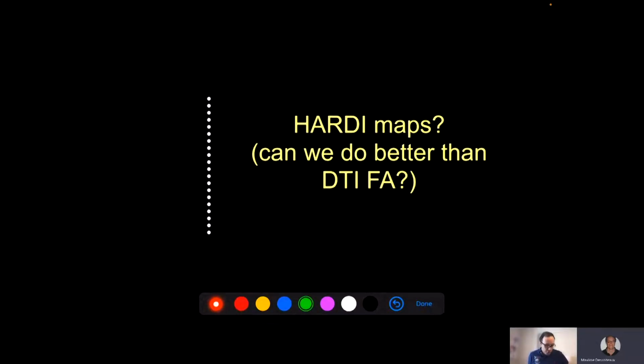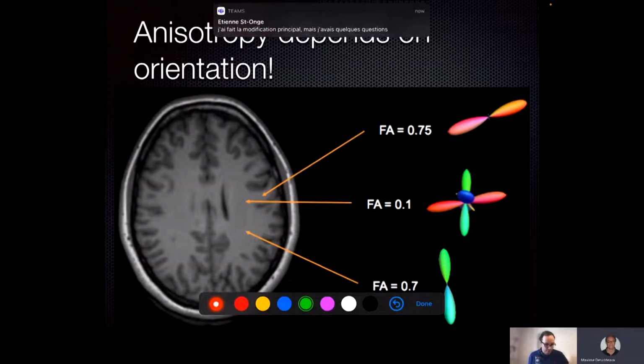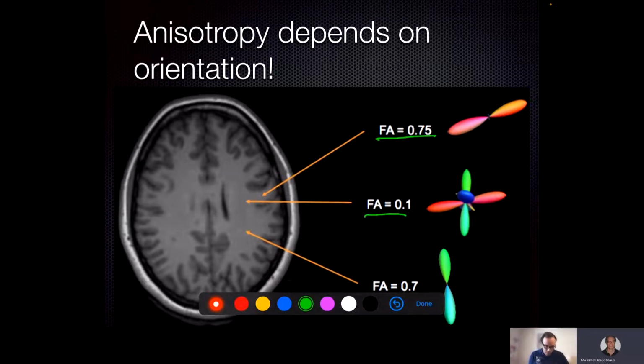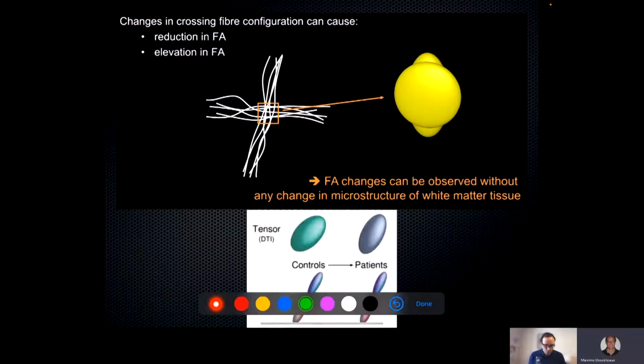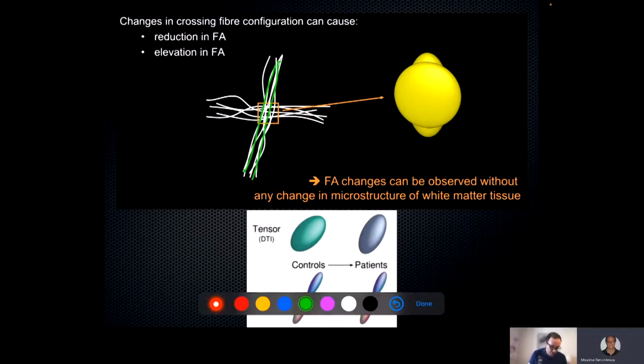And as a bonus, we can also start getting maps or metrics from the ODF reconstruction, fiber ODF. So just to remind you that as opposed to a T1 where everything is white in the white matter, even though you have, you know, contrast in FA, multiple crossing fibers, the T1 information is just white. One has to be careful that now with crossing fibers, it's important to capture maybe anisotropy, but along specific directions.